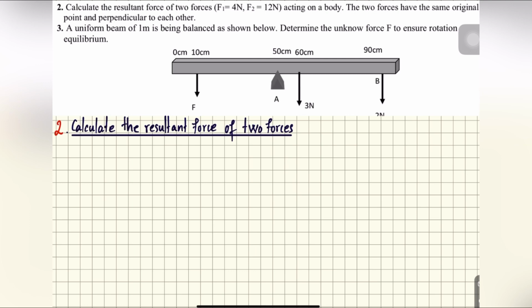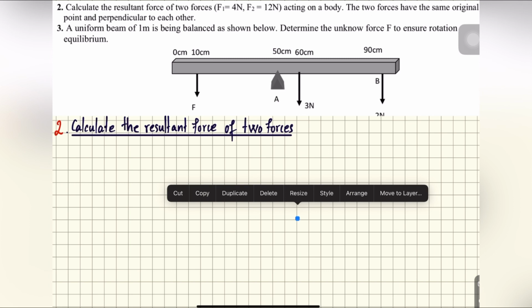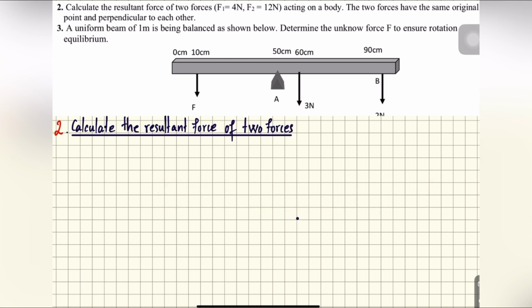So we have to figure out our diagram. We suppose that this point is the point that each force acts on, the same original point. The first force, I suppose, goes right.